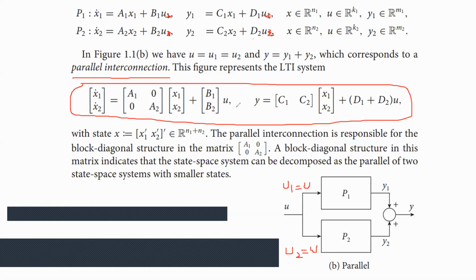Okay. Similarly, we can extend in the parallel case another block like P3, and then we have another column, for example, x3, the derivative of x3, and similarly the next part comes in, and so on.